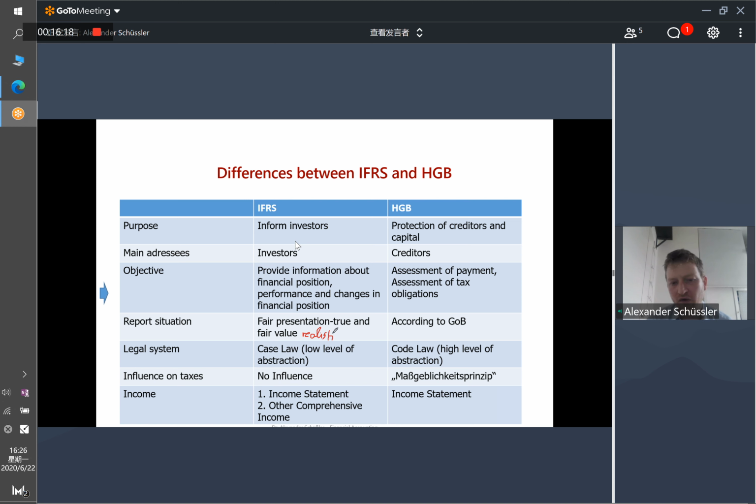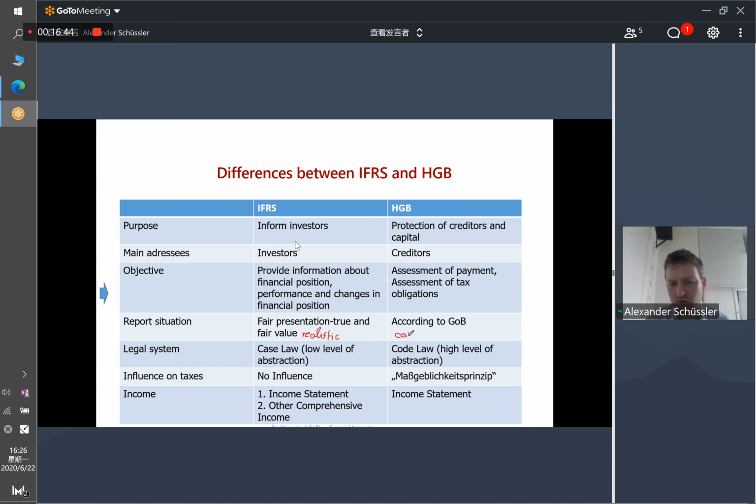In HGB, which is the old German rules, they say it's according to GOB. The GOB are actually the framework, more or less, for HGB, and this is more conservative, on the conservative side.